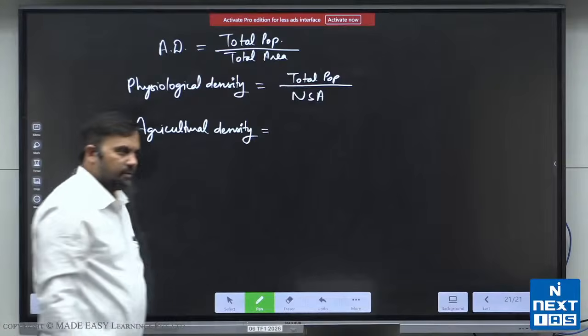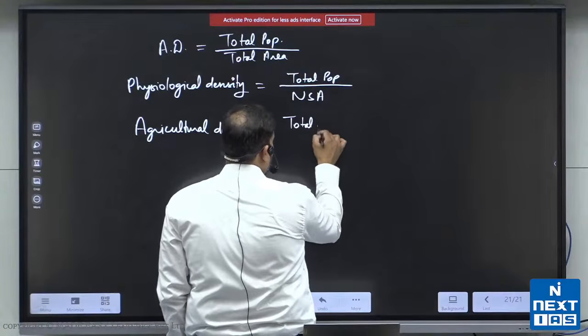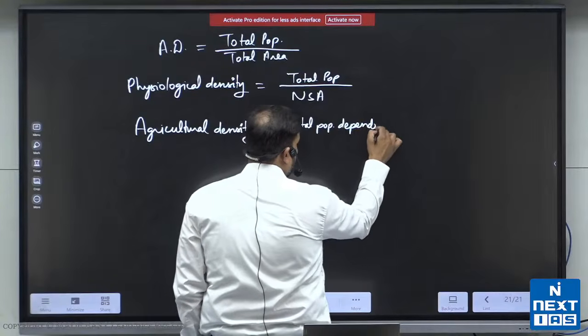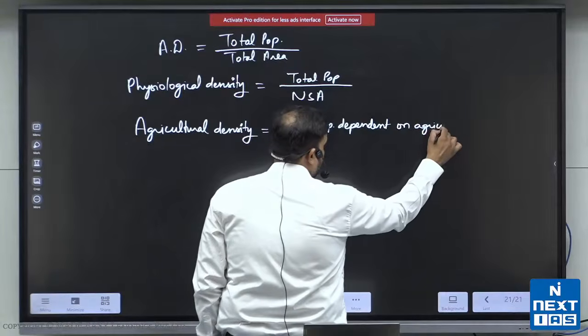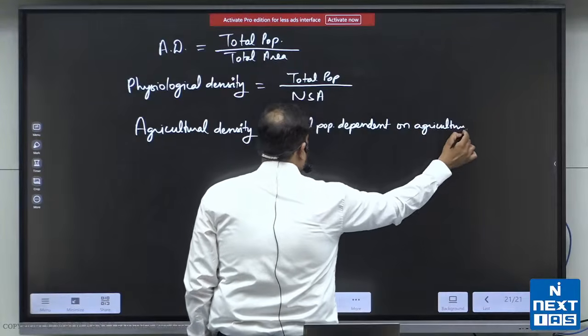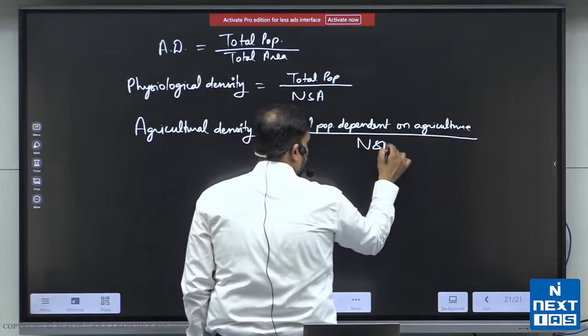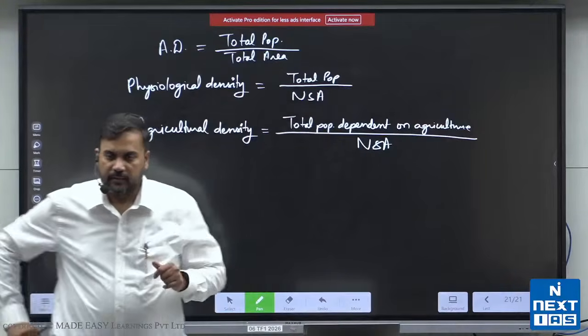Here it is total population dependent on agriculture upon the net sown area.